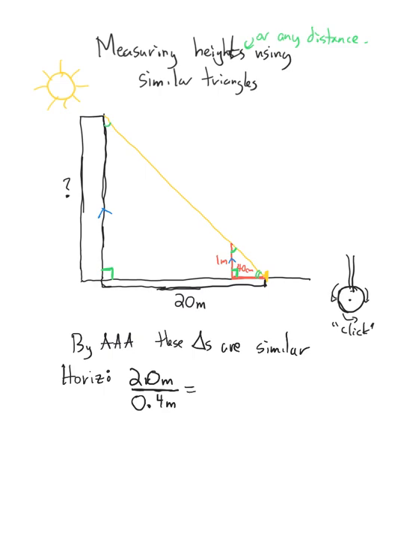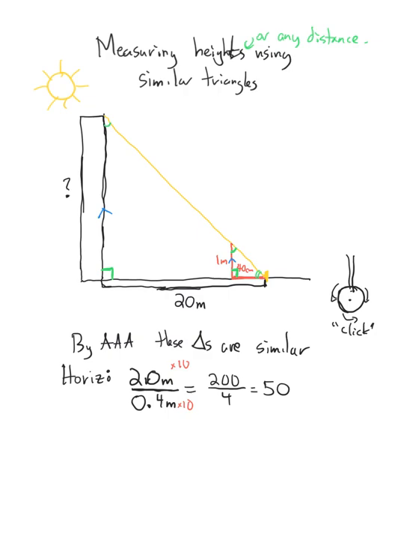I'm going to multiply both sides by 10 just to get rid of that decimal, and then simplify. Lots of different ways of doing it. So this is the same as 200 over 4, which is, of course, 50 meters. Or sorry, not 50 meters. The units cancel, just 50. So we know the common ratio is indeed 50.